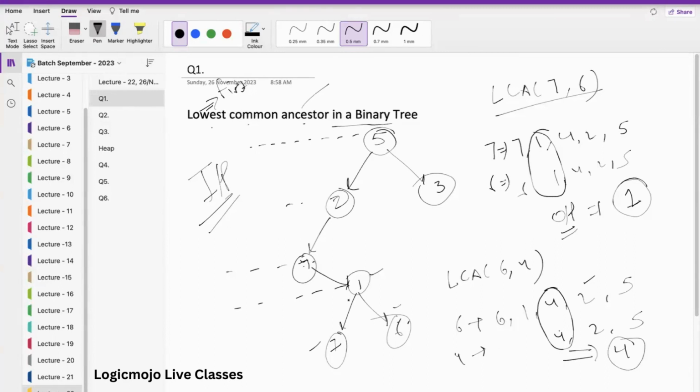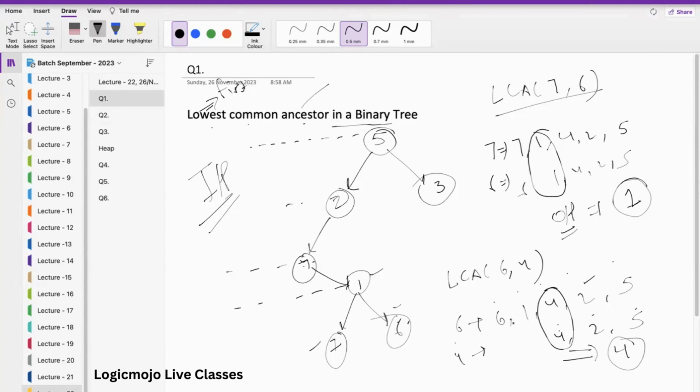Are you getting what I'm trying to tell you? For 6, so far we have assumed that the node itself is an ancestor. So for 6, the list that we will get will be 6, 1, 4, 2, 5. For 4, what will we get? 4, 2, 5.